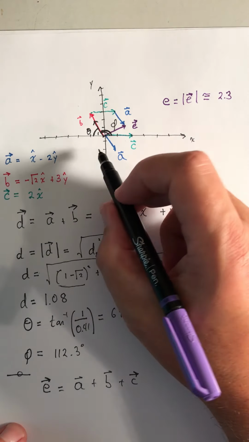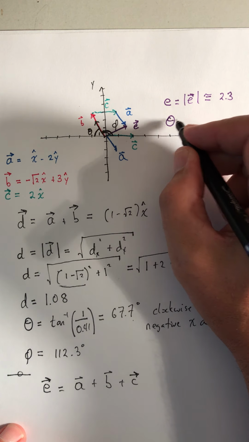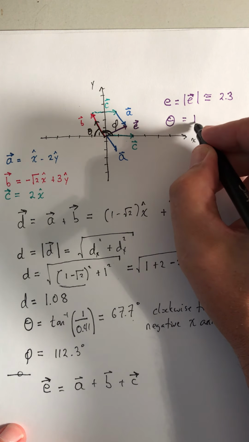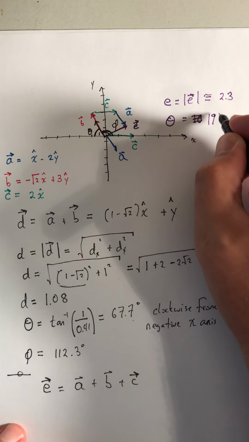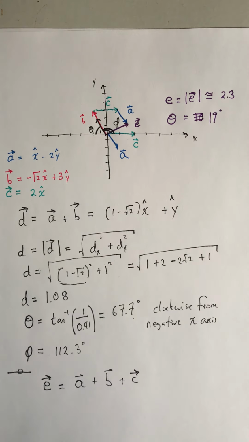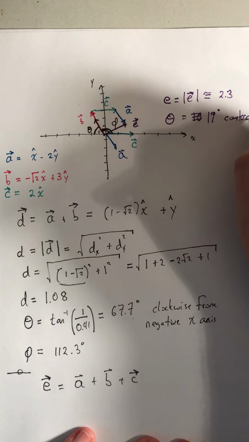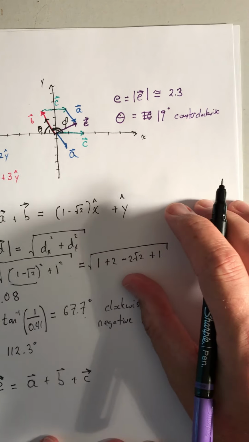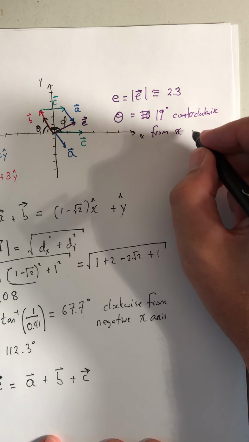And then with a protractor, the angle I got to be, oops, sorry, 19 degrees, measured counterclockwise from the x-axis.